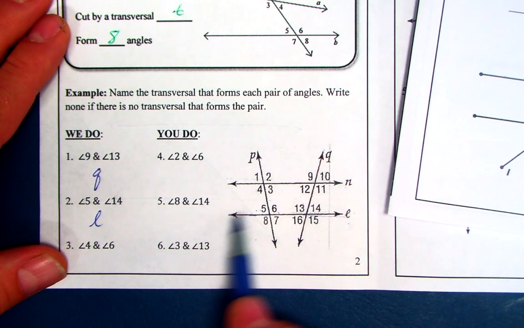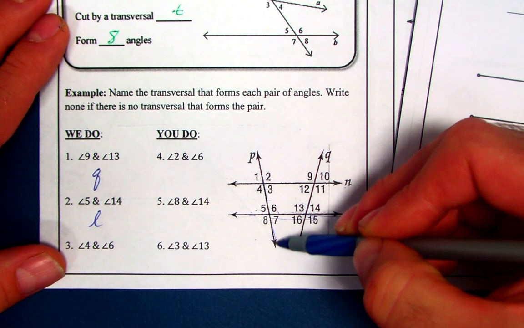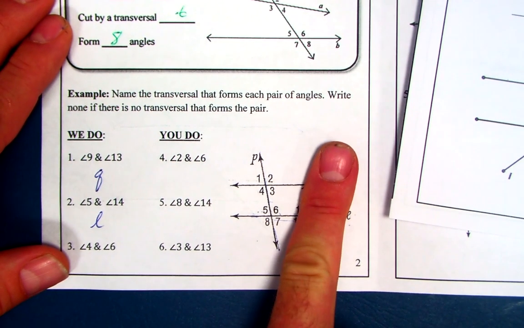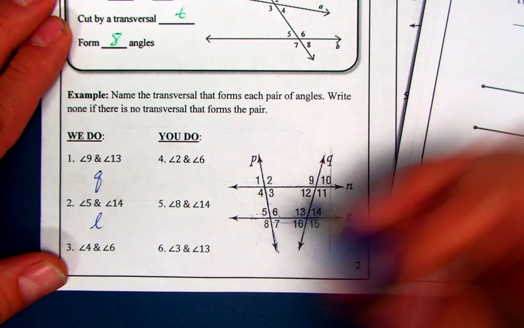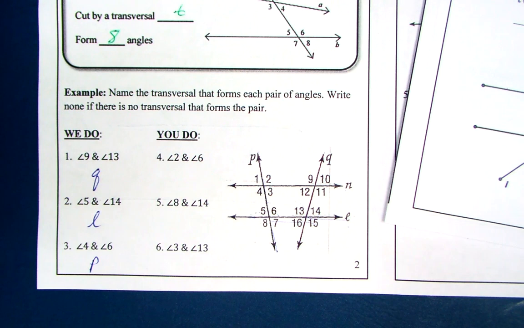Well, here we have our two lines and a third line that cuts across them both. And notice line Q has nothing to do with 4 and 6, so maybe you can block it out. So line P is the transversal that forms angles 4 and 6.